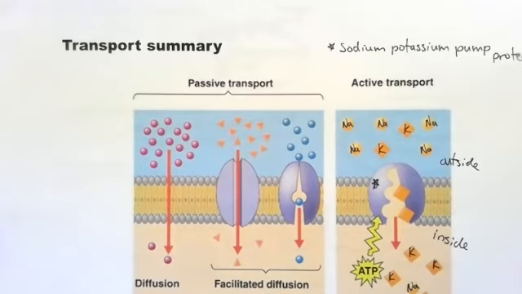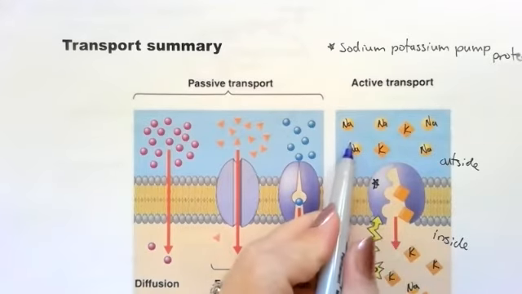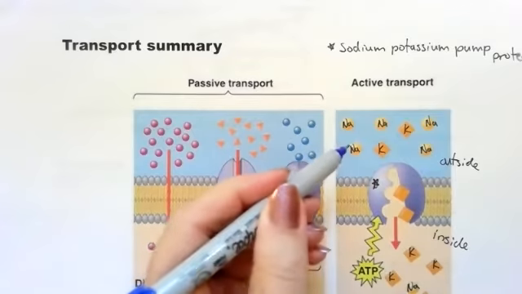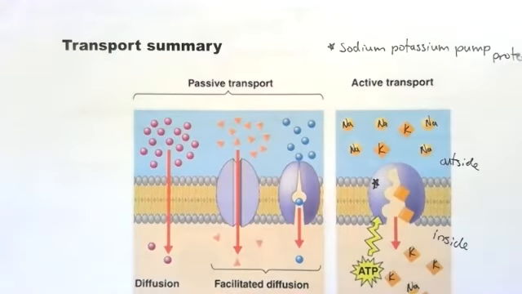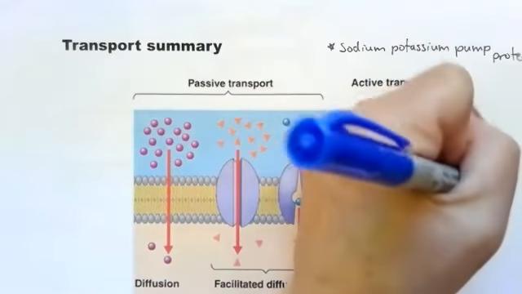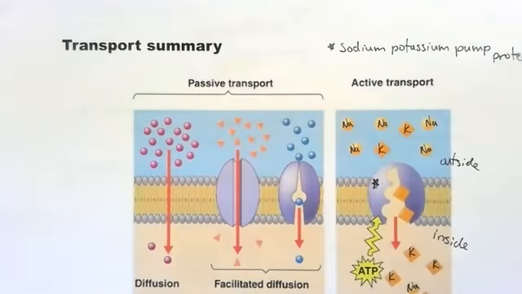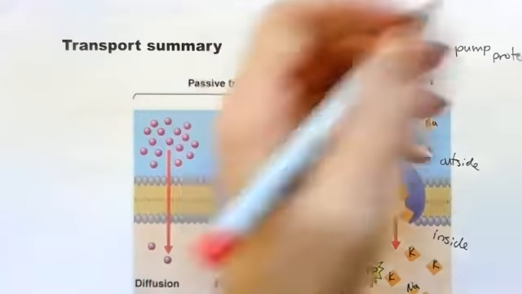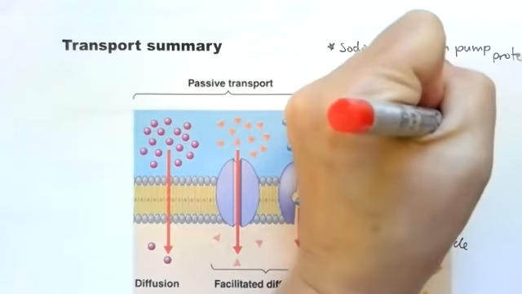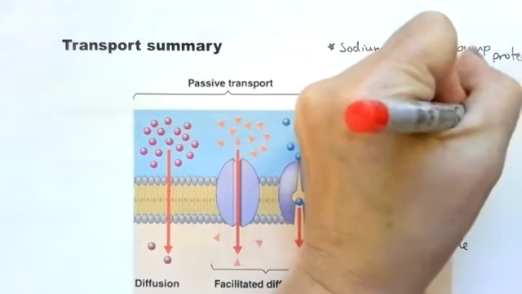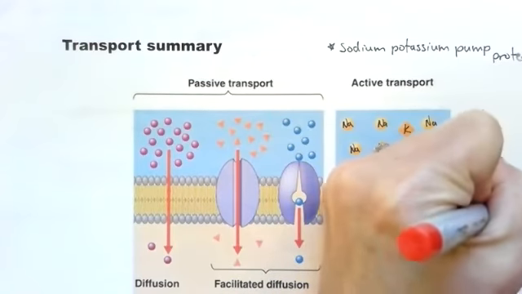Well, based on everything we've learned so far, what direction should the sodium go? I have one sodium inside the cell and I have 5 outside. So what we've learned so far is that the sodium should go this way, but that's not what happens. The sodium potassium pump is going to pump more sodium this way, and it's going to bring potassium in.